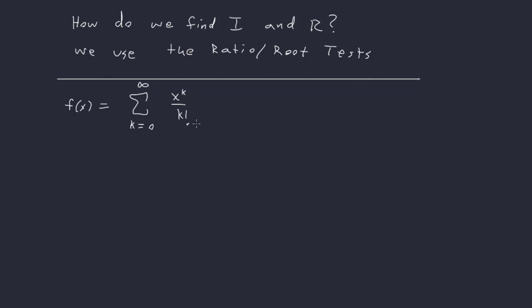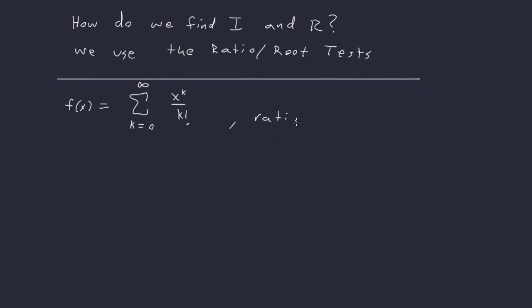From the last video, you may recognize this pattern as the e to the x Taylor polynomial. And it turns out that this is the Taylor series for e to the x. So how do we use the ratio and root tests? Well, in this case, since I see a k factorial, I'm going to want to use the ratio test.